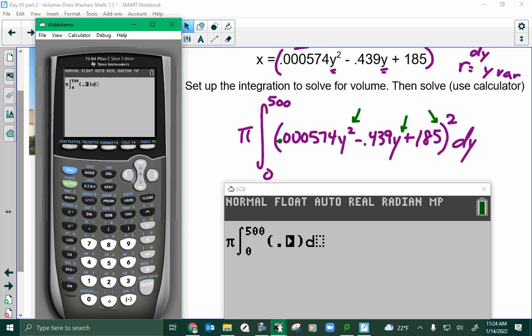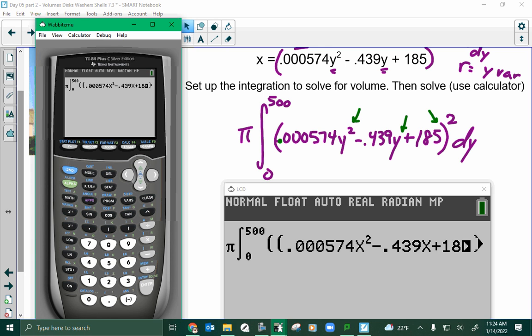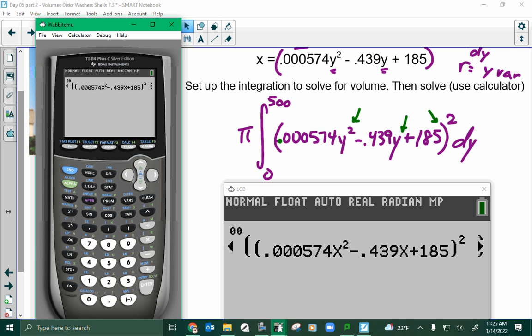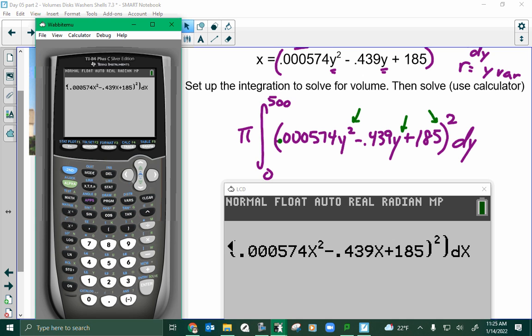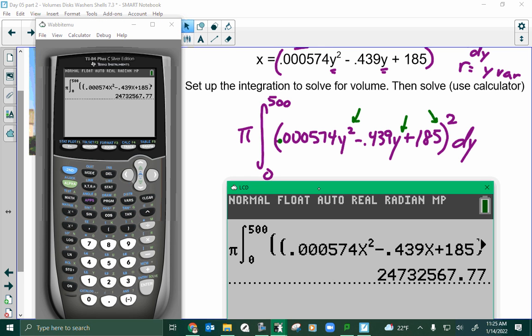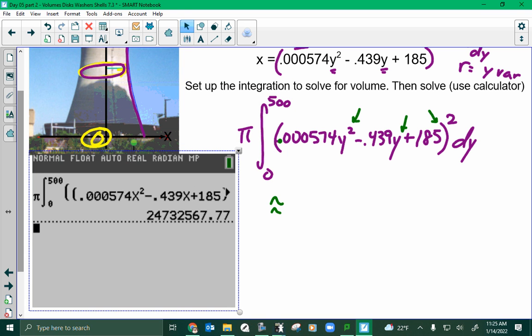So actually, parenthesis first because we're squaring this. 0.000574x squared, okay, minus 0.439x, okay, plus 185. I'm going to close that parenthesis and square it, dx. Woohoo! That's a lot. Let's do this. Let's bring this out here. Good, we got an answer.